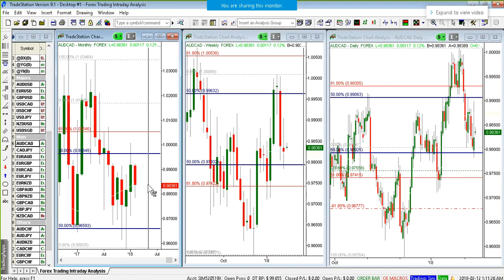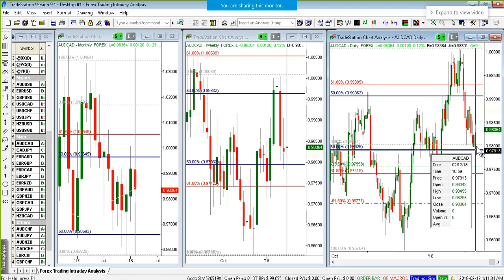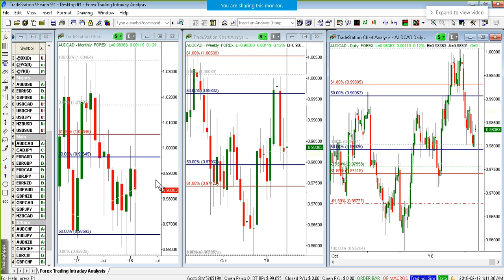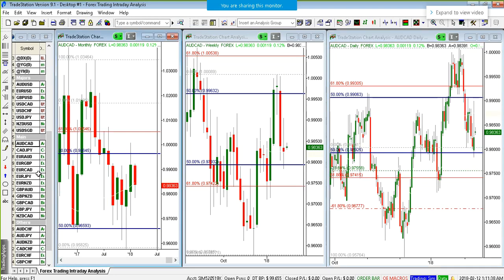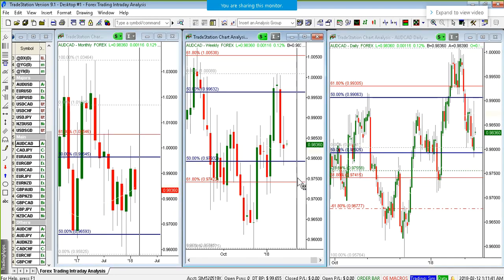That's the information we have. We don't know whether this 50% is going to hold here. Short setups are in play, long reactions are in play. But it seems to me that this market has a bearish bias here.